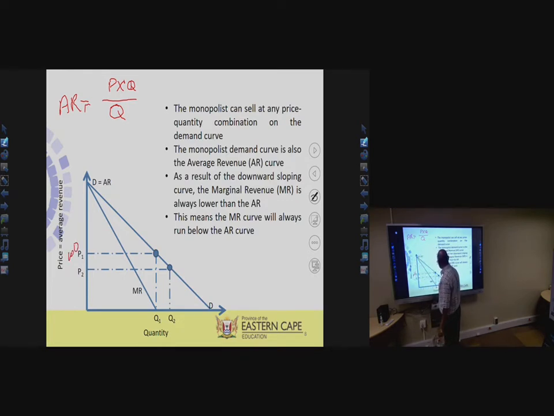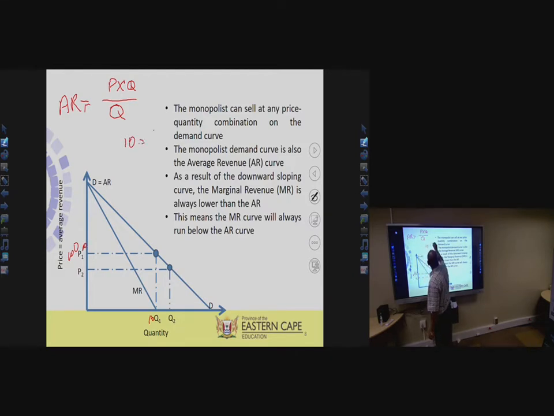Then that is your average revenue. They say the monopolist demand curve is also the AR, that is, your price times quantity divided by the quantity.